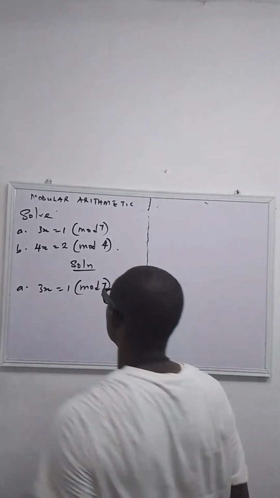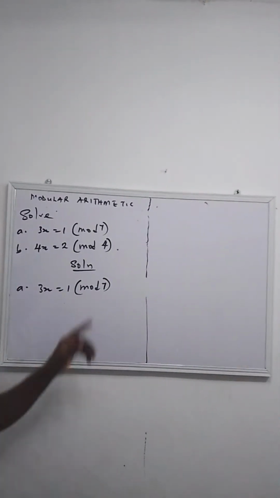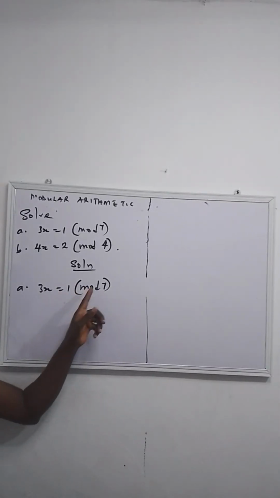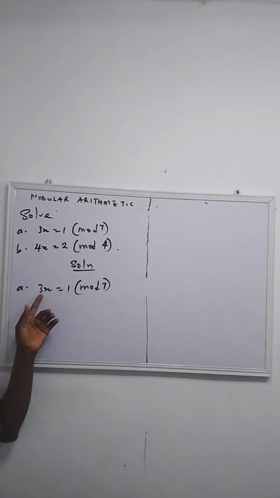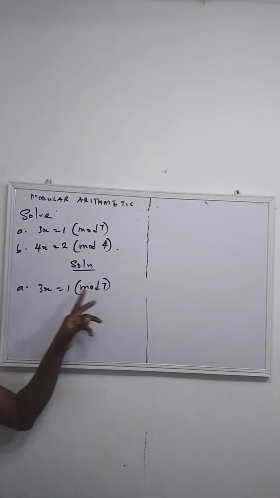All right, so because 3 cannot go in 1, I'll be adding multiples of 7 to 1 and see if it's going to be divisible by 3. So now let me add one 7 to this. What do I have? I have 8.